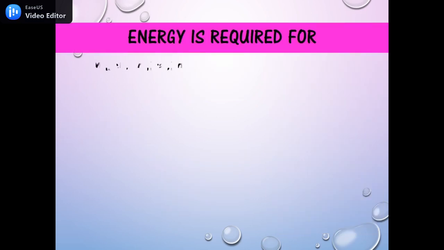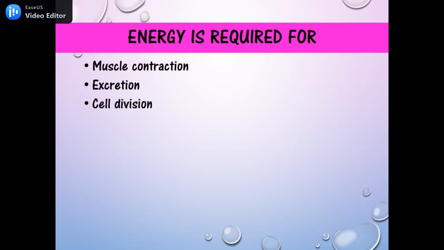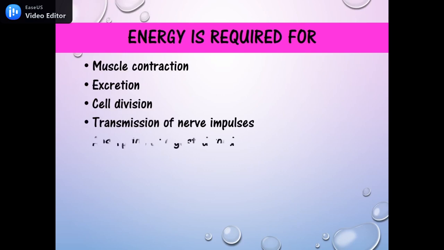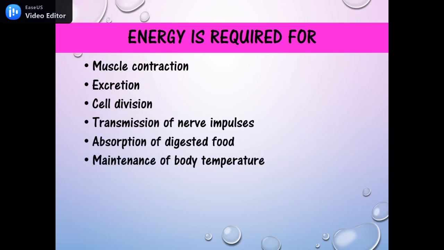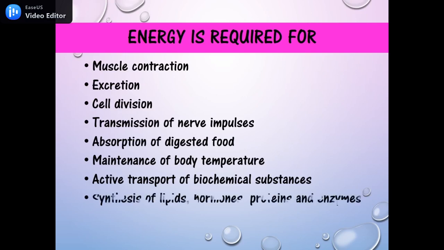Energy is required for cell contraction, excretion, cell division, transmission of nerve impulses, absorption of digested food, maintenance of body temperature, active transport of biochemical substances, synthesis of lipids, hormones, proteins, and enzymes.